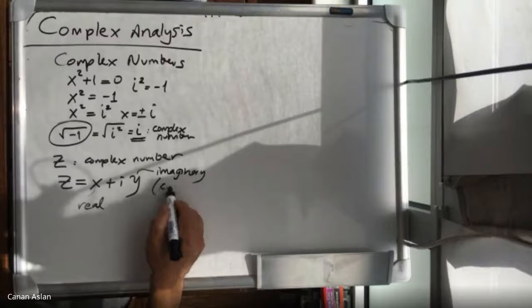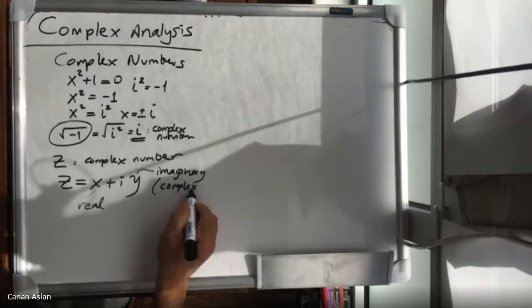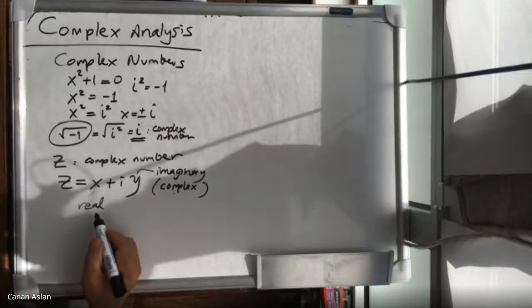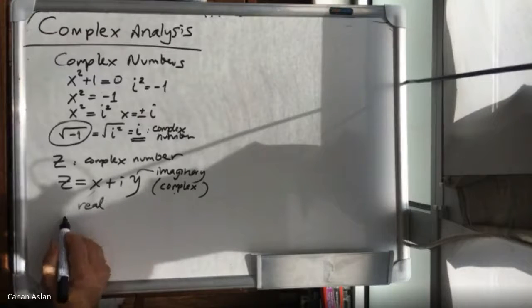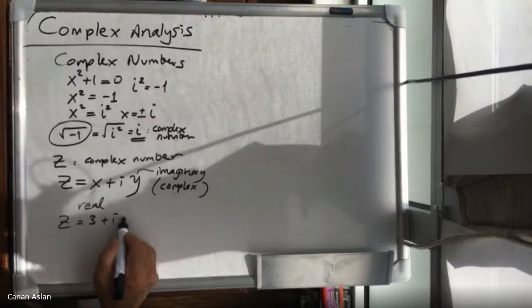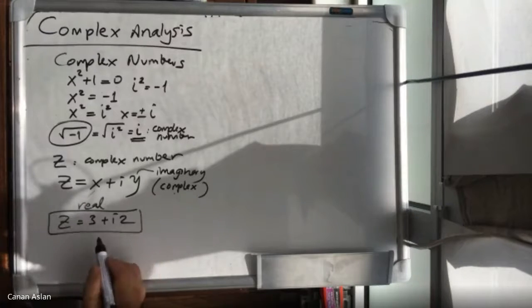Sometimes it's called complex; imaginary and complex are used for both. So a complex number can be 3 plus 2i, something like that, or 2i.